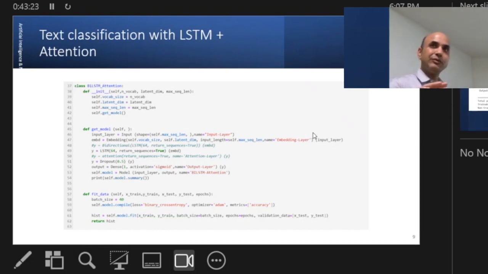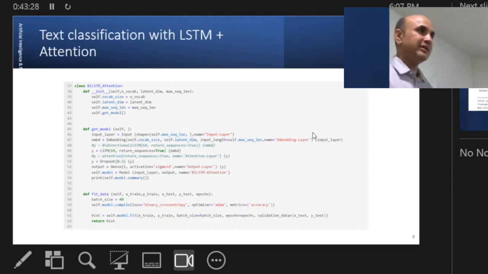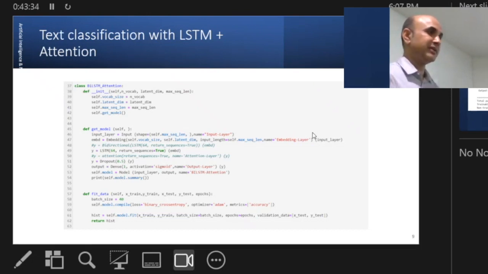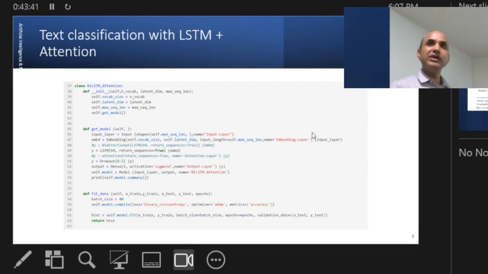The embedding layer takes IDs of the input text, like 1 to 20,000 or 30,000, whatever. Every sentence is made of words and we have an ID for every word.